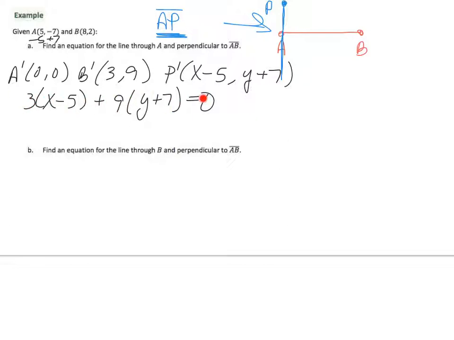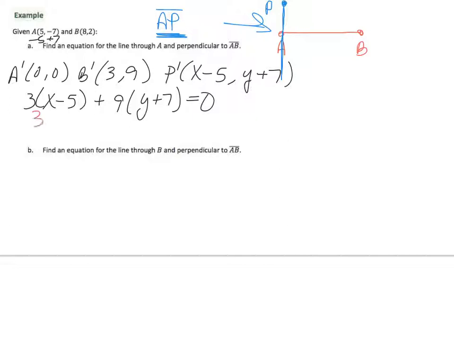I now can rearrange this into standard form or the slope-intercept form. Now, I'm a big proponent of the slope-intercept form. You write it in slope-intercept form and all the numbers make sense. We know their purpose. So that's what we're always going to do. But I just wanted to say this is what we just did in the past few slides. I have big A times parentheses, big B times parentheses equals 0. Cool? All right, let's simplify this guy.